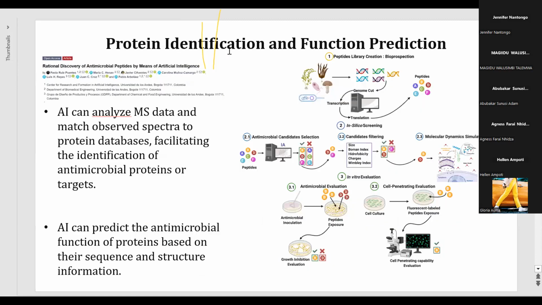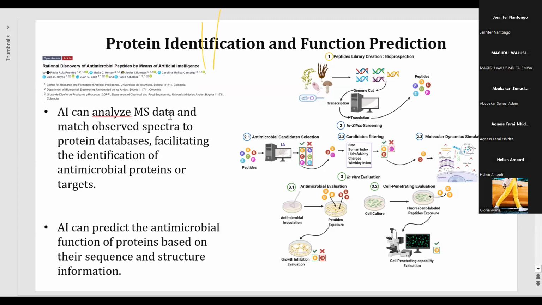Next, coming to protein identification and function prediction. These are the different uses of AI-based proteomics. AI can analyze the mass spectrometric data. Mass spectrometric data you get from LC-MS, GC-MS, NMR, MALDI-TOF.